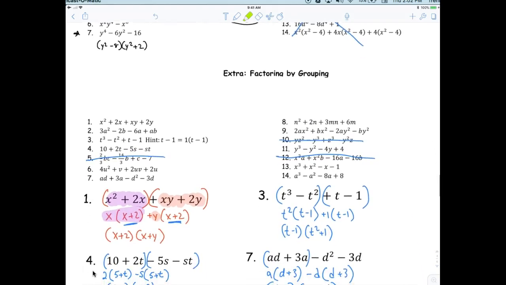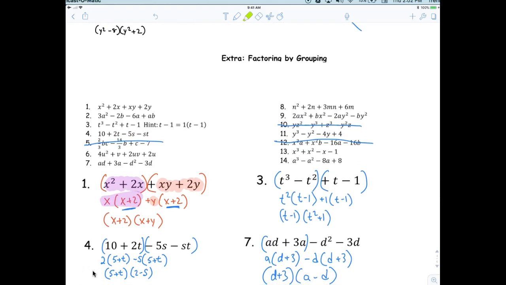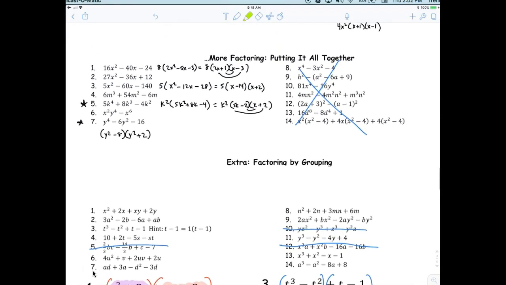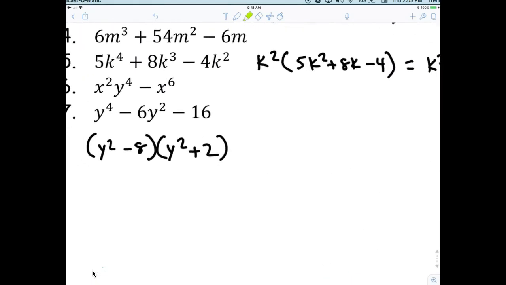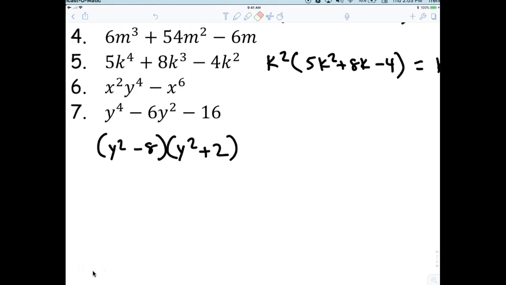So what do you think it is? y squared plus x, y squared minus x, y squared plus x. Well, your biggest mistake right now is you didn't factor out a GCF.